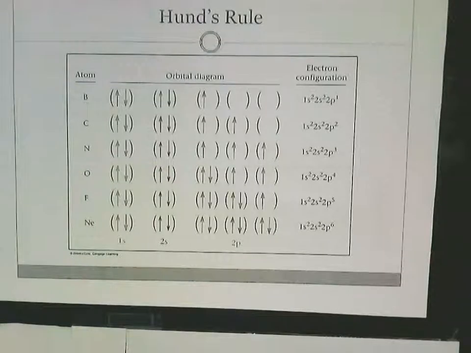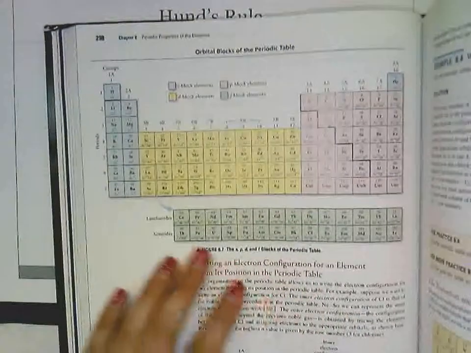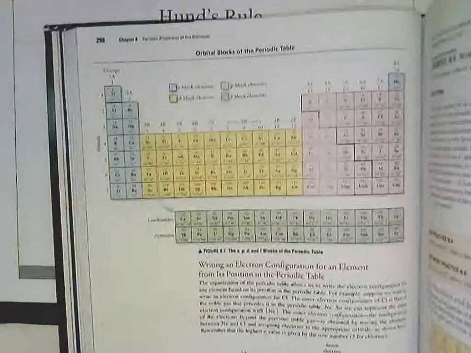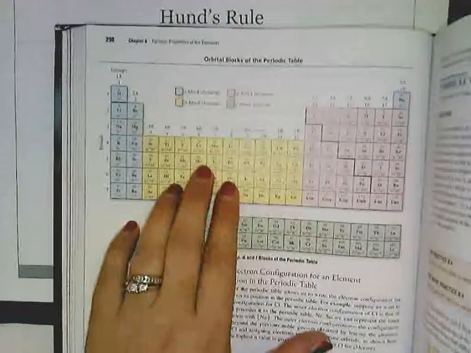All right, let me show you what you really need to have handy for your homework. So either have the e-book or the hardcover book. You're going to want to have this page. It's 298 in your textbook. It has all the electron configurations for every element already written out.